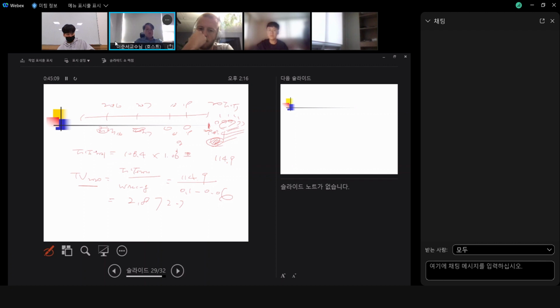Okay. Then we need to calculate the present value, right? 1, 2, 3, 4, 5, including the terminal value. Then the sum of all of these is $2,028.8.